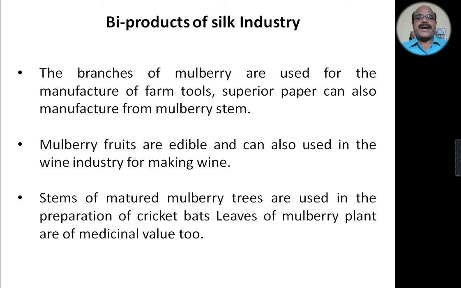Then the branches of mulberries are used for the manufacture of farm tools. Superior paper can also be manufactured from mulberry stem. So we can manufacture paper by using the stems of these mulberry plants.